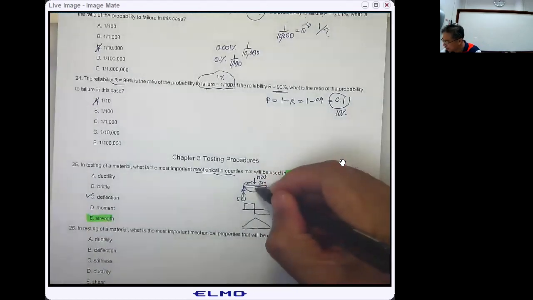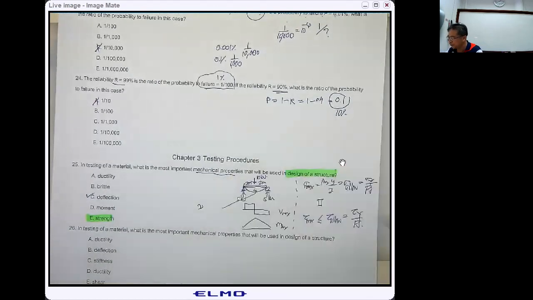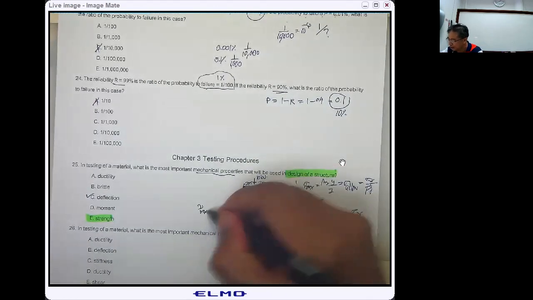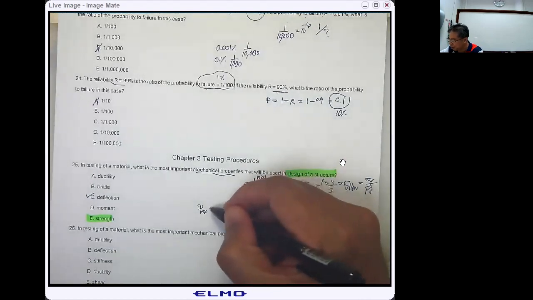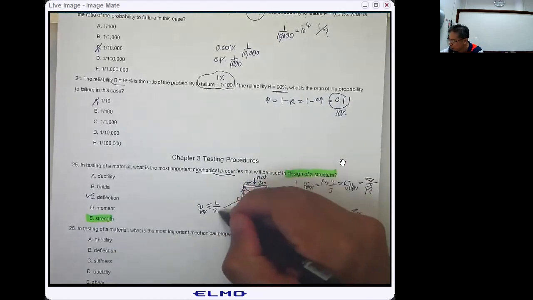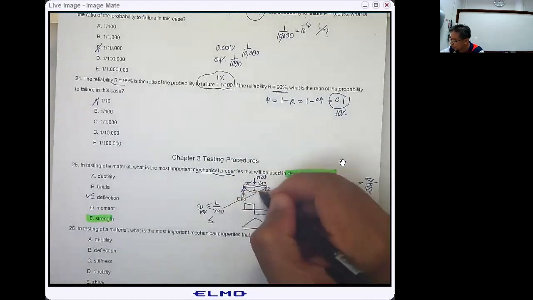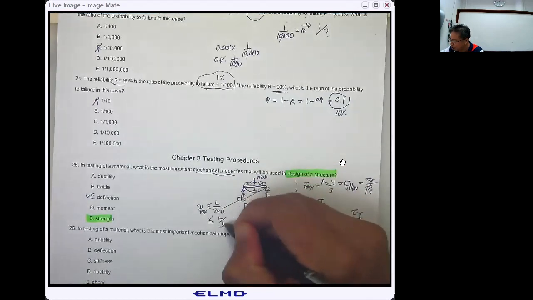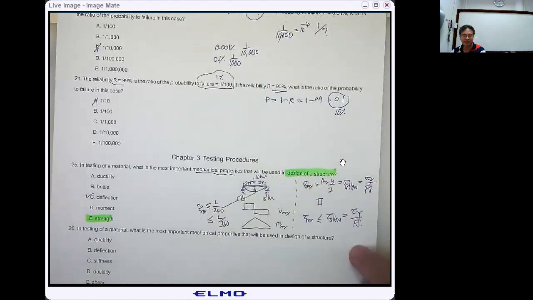And then we're going to get this one for the maximum deflection. Okay, and then the deflection is going to be what? Less than or equal to L over 240 if there is no wall here. If there is the wall underneath, it's going to be L divided by 360.